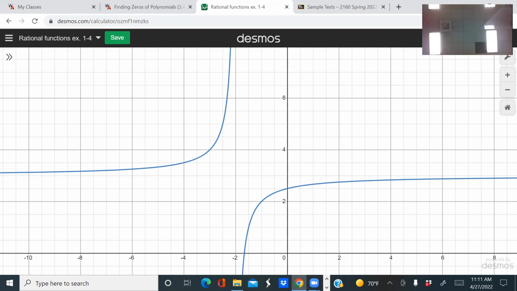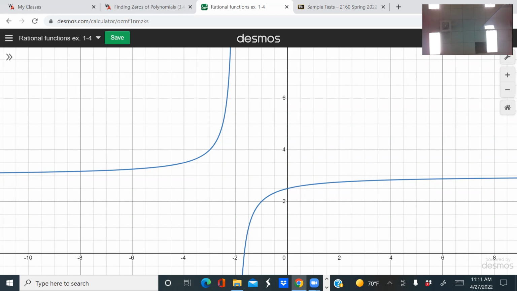As your x values get closer and closer to -2, they can't touch -2, by the way, because -2 is not in the domain. But as x gets close to -2, your y values are getting close to positive or negative infinity. That situation describes what's known as a vertical asymptote.